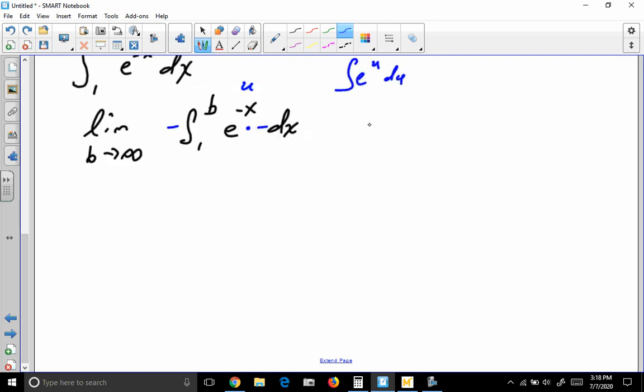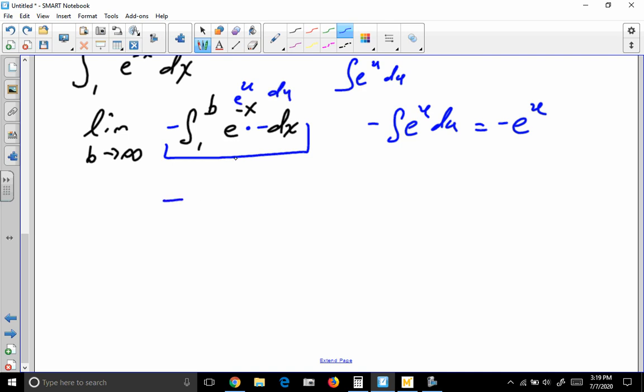So we have negative the integral of e to the u du, which integrates into negative e to the u.